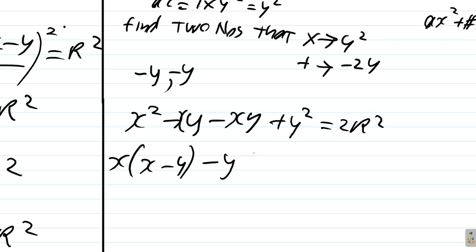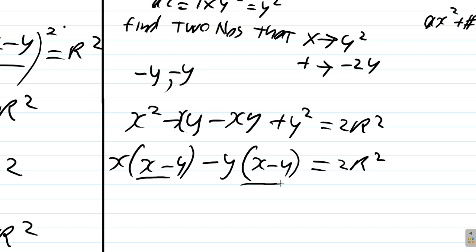Right, it would be y outside this bracket, and then x minus y inside the bracket, equals 2r squared. You have to remember your factorization, and notice x times x gives you x squared, x by negative y gives you negative xy, then negative y by x gives you negative xy, and negative y by negative y gives you positive y squared.